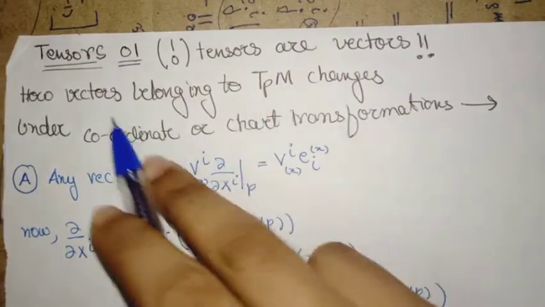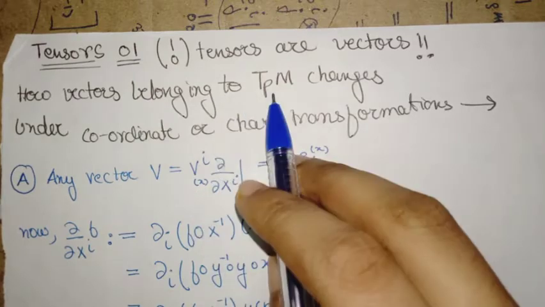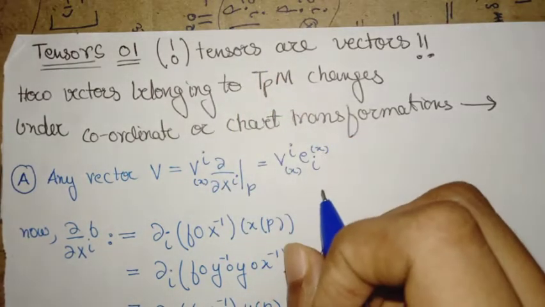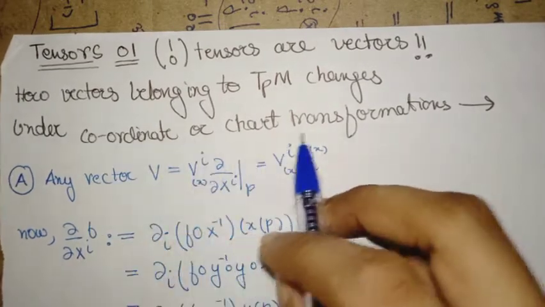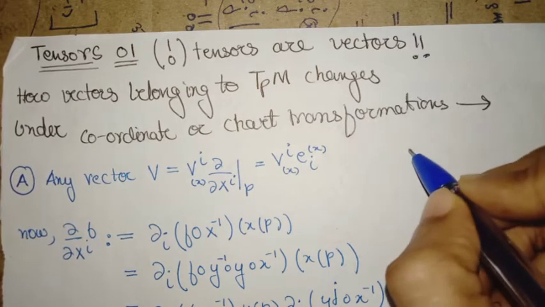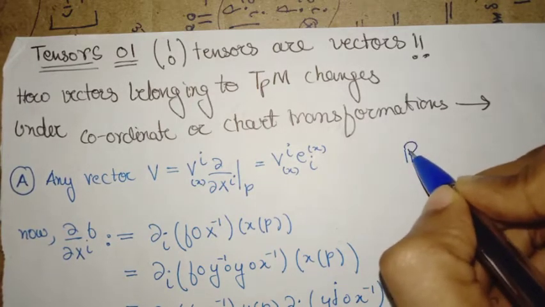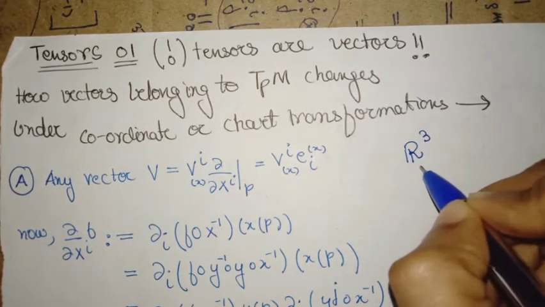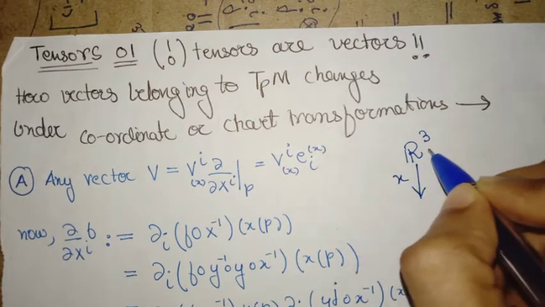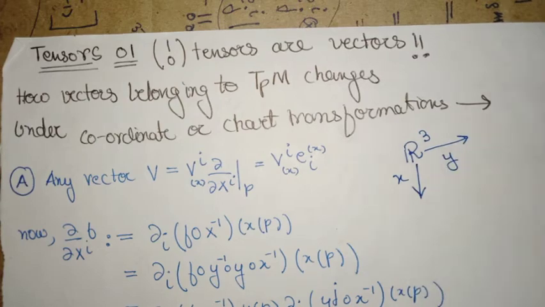Now vectors belonging to T_P M, which is the tangent space at a point P, change under coordinate or chart transformation. This is simply the fact that if you have the three-dimensional real world, you can bring it to polar coordinates or you can bring it to Cartesian coordinates.